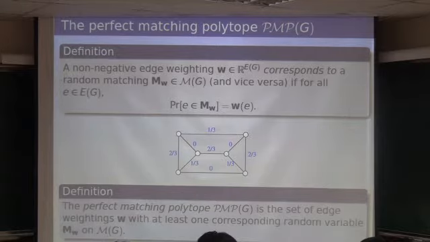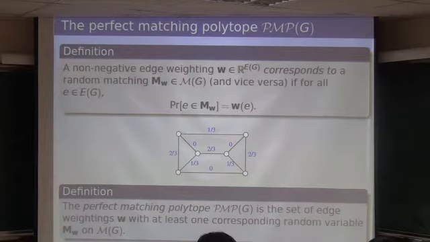And if you can actually make this weighting using a convex combination of perfect matchings, then you're going to be in good shape. You're going to be in the perfect matching polytope. That's the set of edge weightings with at least one corresponding random variable M sub W in the set of perfect matchings.